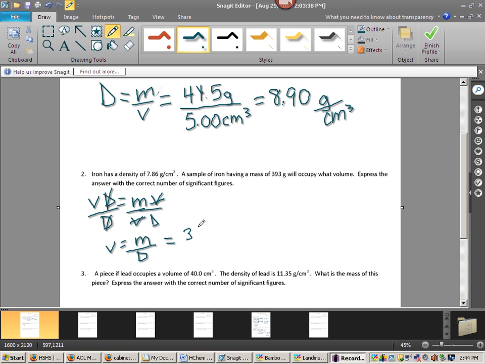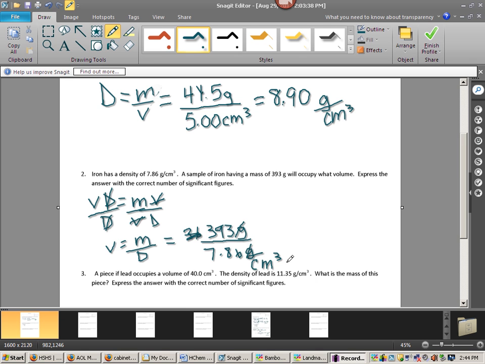The mass is 393 grams. The density is 7.86 grams per centimeter cubed. The grams will cancel, one on top, one on the bottom.